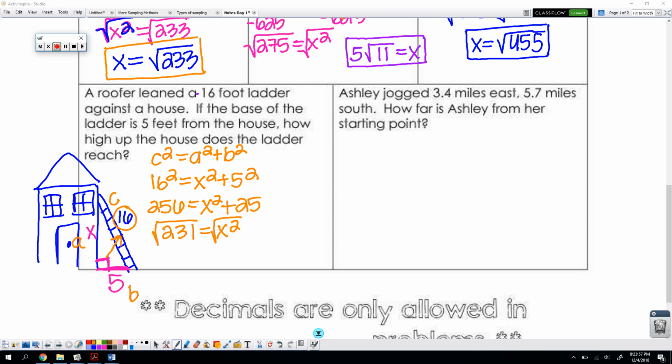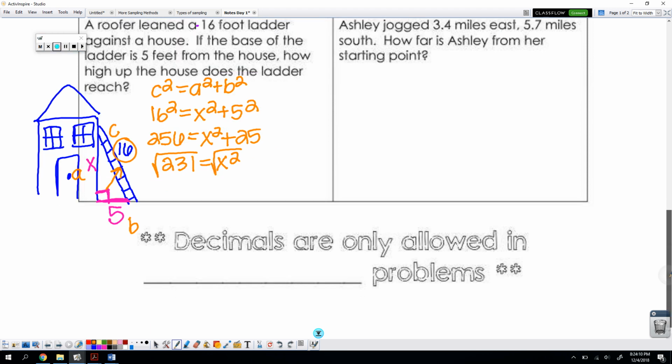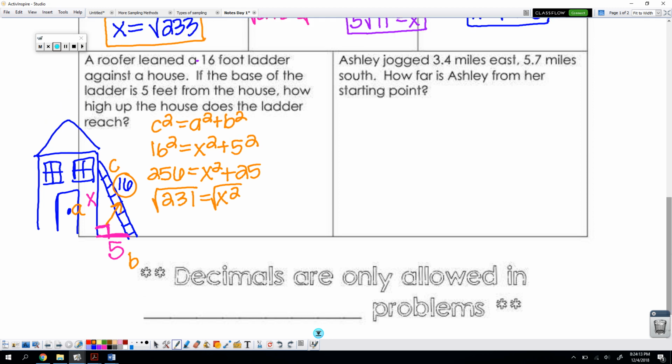Actually, what I forgot to tell you is since we want the actual distance, when you're talking about a word problem, you do not need to simplify your radicals. We want to know the exact decimal answers. That's why right below it says decimal answers are only allowed in, and we're going to put word problem.